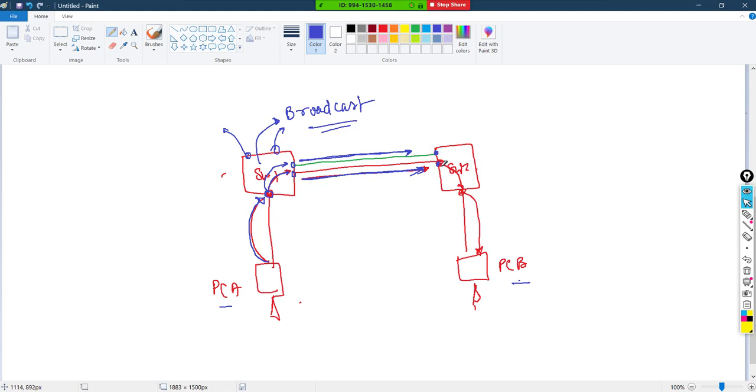The switch, being a broadcast device, will broadcast one copy to this cable and a second copy back to the other. Similarly, the packet received here will be broadcast one to this and one back to this.